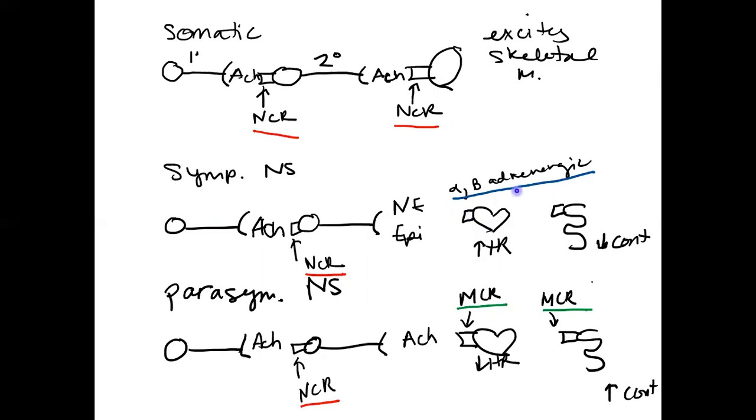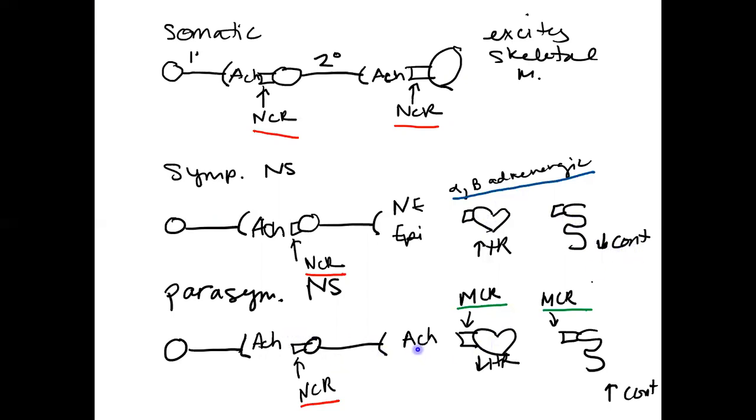Here's my little receptor, and here's my adrenergic receptor on the heart, and it increases heart rate and force of contraction. We can do heart rate for right now, but you'll learn this is cardiac output. And it's going to slow down digestion. So this is my digestive tract, and those are my adrenergic receptors. When epi and norepi bind to the adrenergic receptors on the GI tract, it's going to slow down contractions of that GI tract.